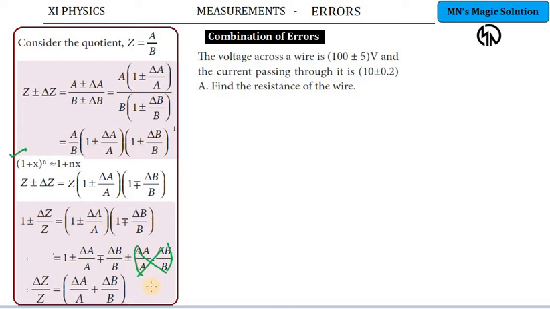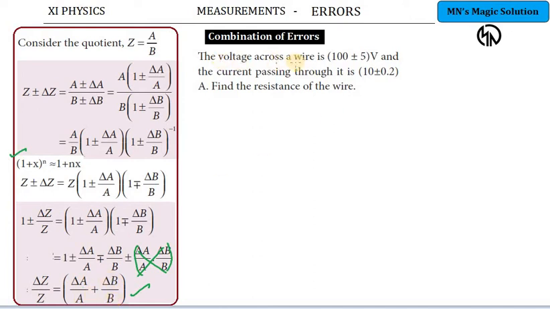That is our consideration right here. So when plus or minus comes, we are going to take only the positive value. So what is it? Del a by a plus del b by b. This final answer is similar to the one that we have seen in the product case as well. Relative error in z is equal to the sum of relative errors of the individual components.